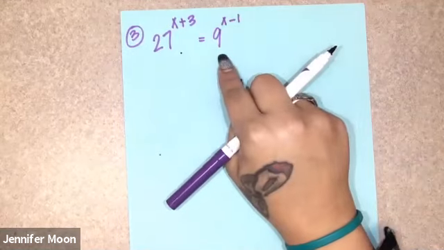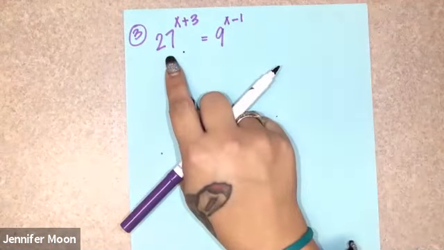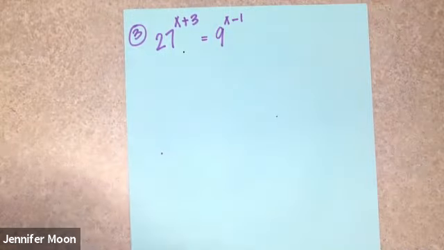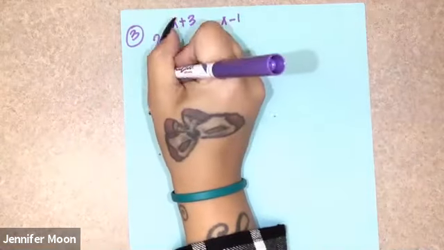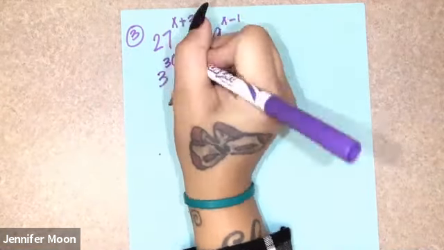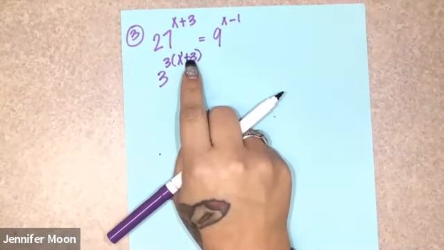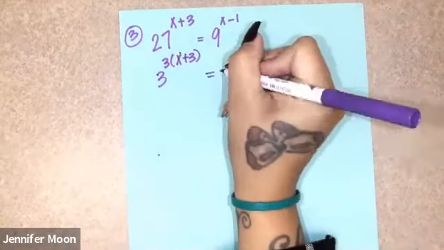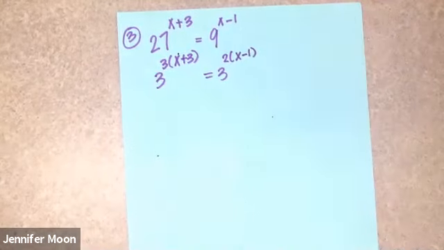I know that 9 can be written as 3 squared, and I know that 27 is 3 cubed. So that's what I use as my base. The only thing that's different here is that with 3 cubed, what goes up in the exponent needs to multiply what was in the original exponent. And then over here, I would have 3 squared to the x minus 1.